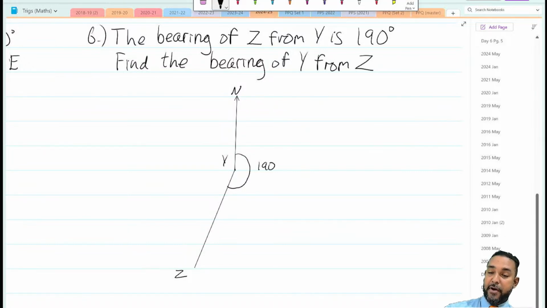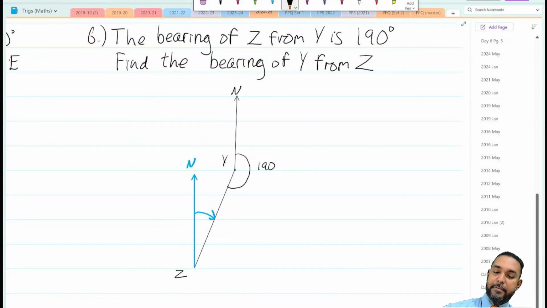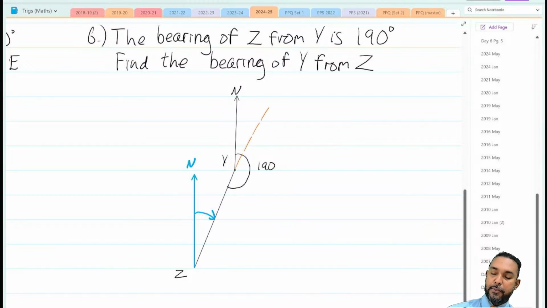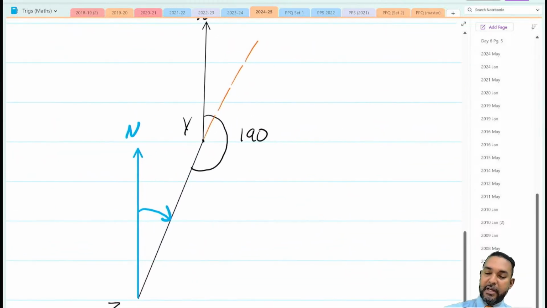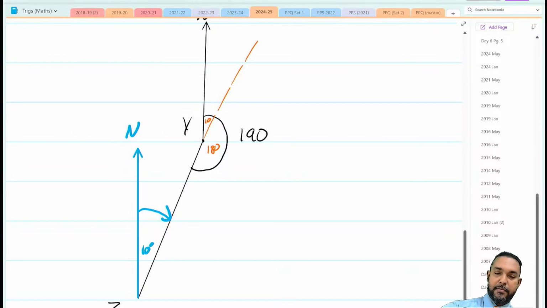But they want the bearing of Y from Z. So what we're going to do, we put a north line at Z. We'll show that this is the angle that they want here. And we're going to extend this line back. Which therefore will cut that 190 into a 180 section and a 10 section. Which means that the blue angle is also going to be 10 degrees.